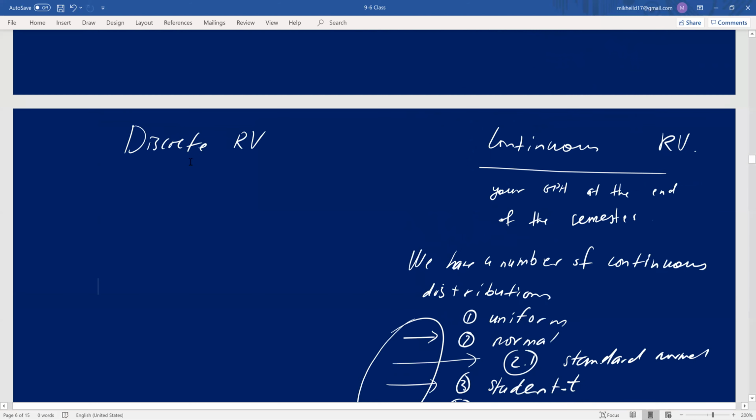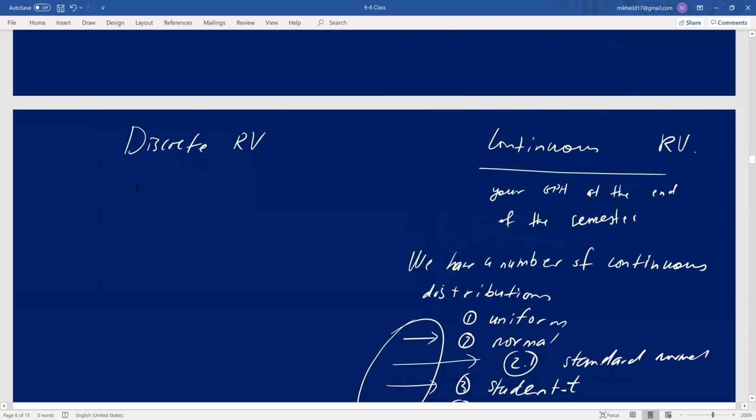But there's also a number of discrete probability distributions.